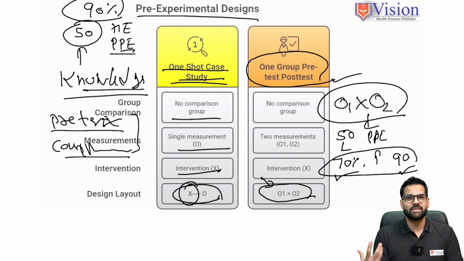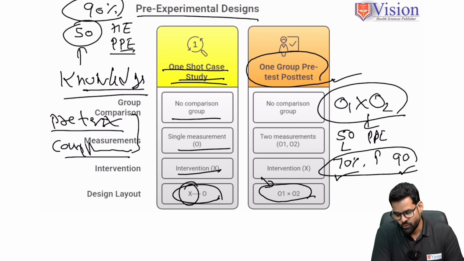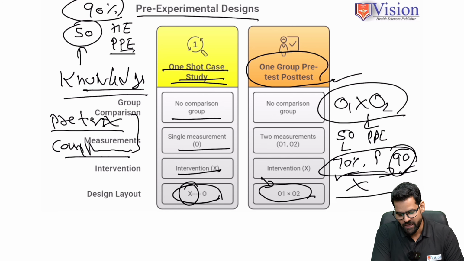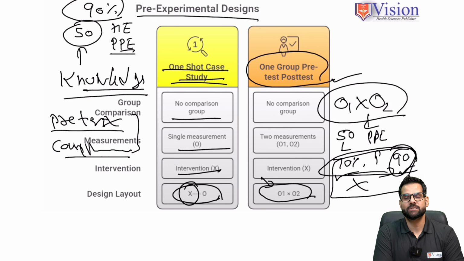So all these external events or sensitization of the subject due to the pretest might have caused this increment from 70 to 90. If you put a control group in this, then we can even rule out the effect of these threats. But as we do not have any control group here, that problem would be there in this design.